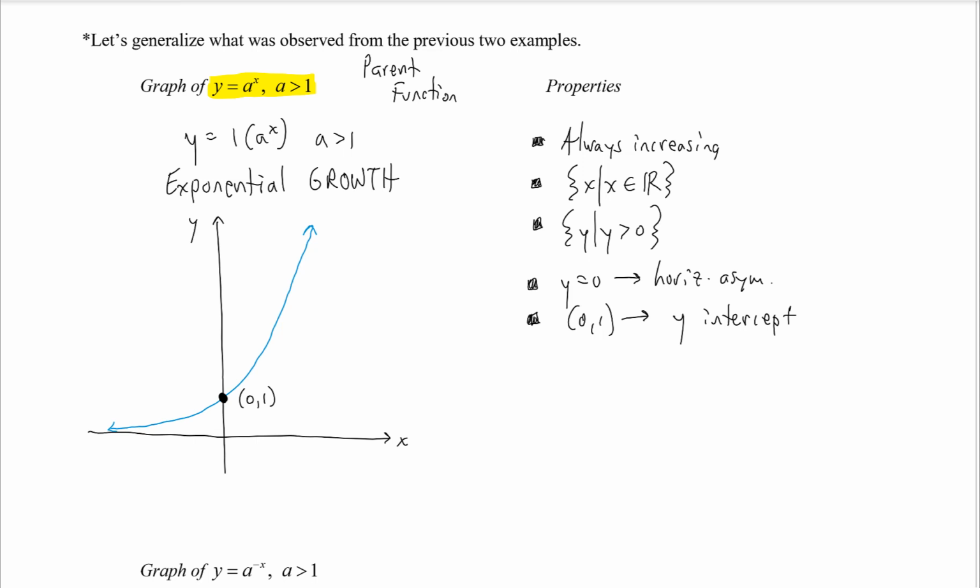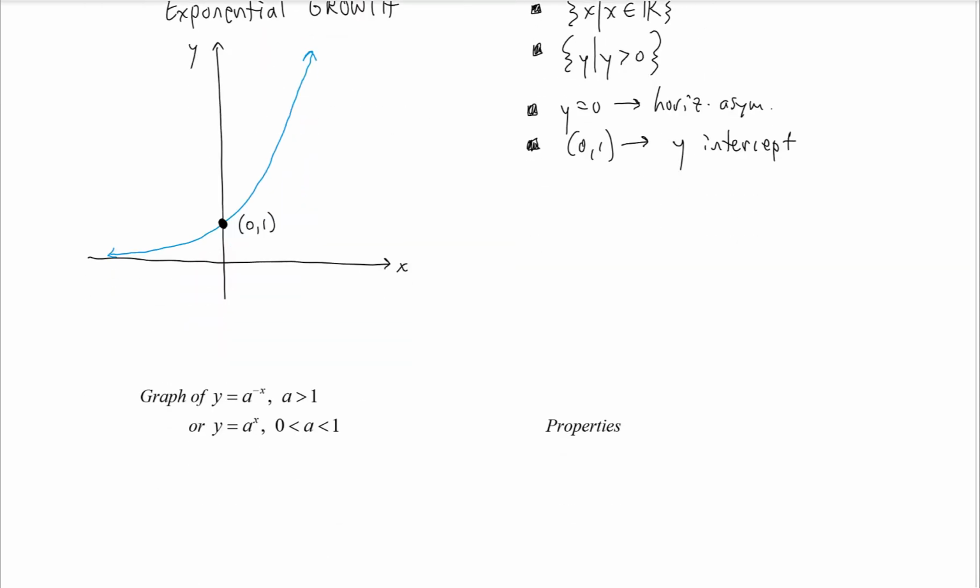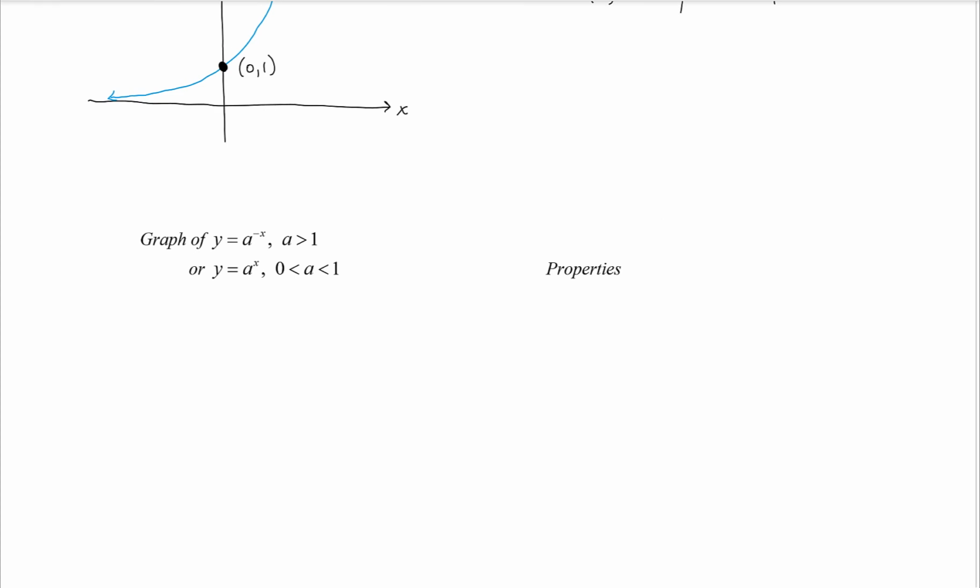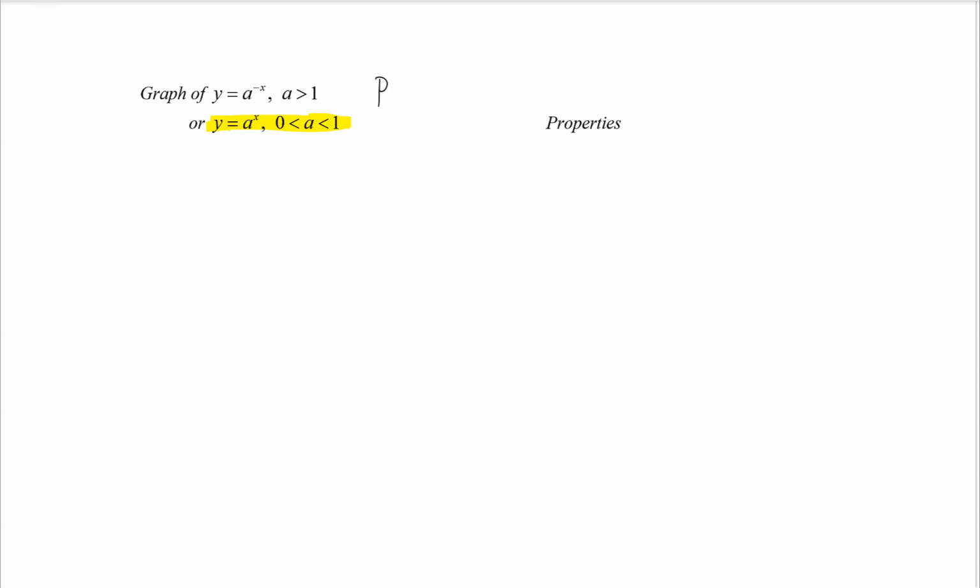Now, as we saw, we could have exponential decay. We could have a decreasing function, and that's this right here. So if the base is between 0 and 1, a positive fraction less than 1, again, this is a parent function. This is going to be one of our parent functions, and this is exponential decay.